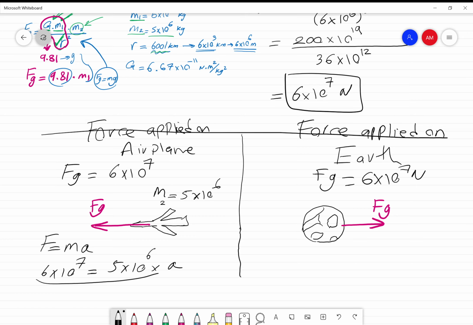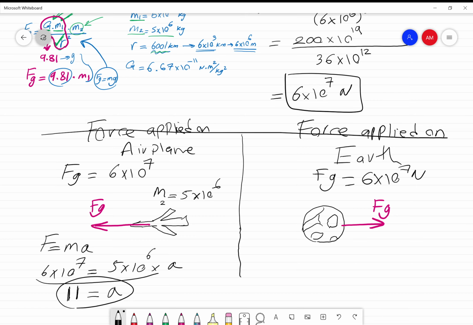Acceleration becomes very high. Acceleration becomes around 11.